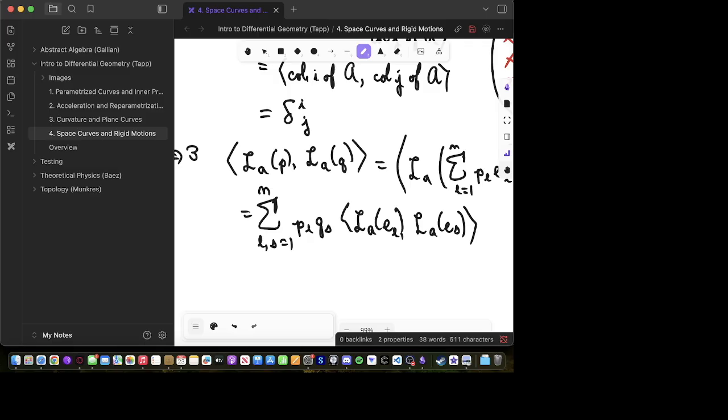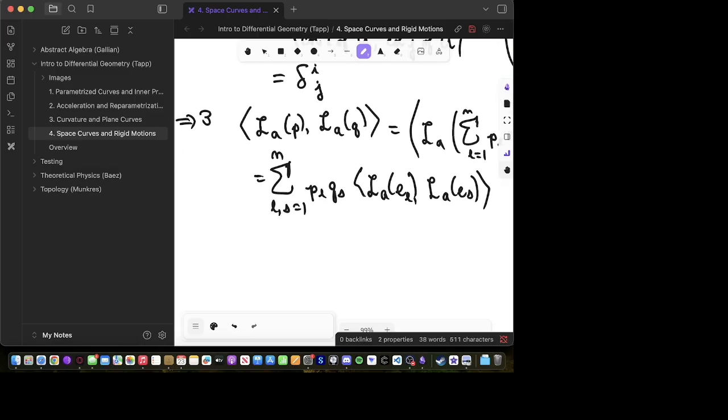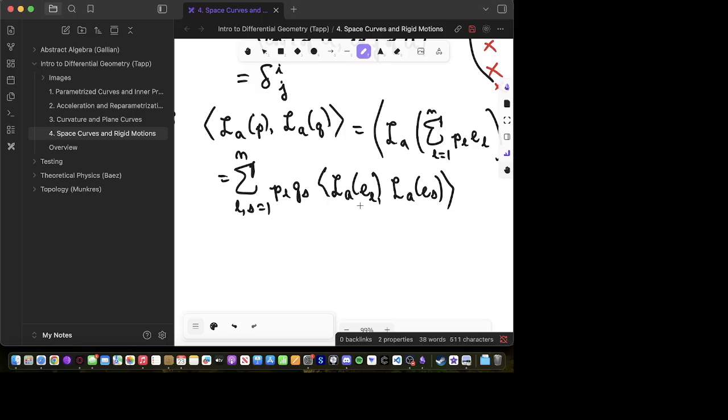And remember, because this is going to be orthonormal, this is going to be 0 if E_L and E_S are different, and therefore if L and S are different.